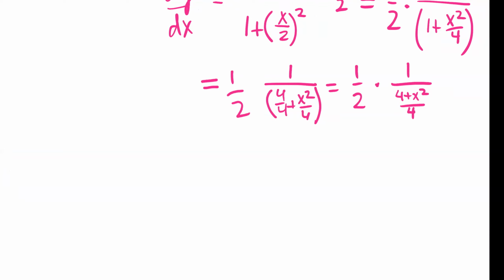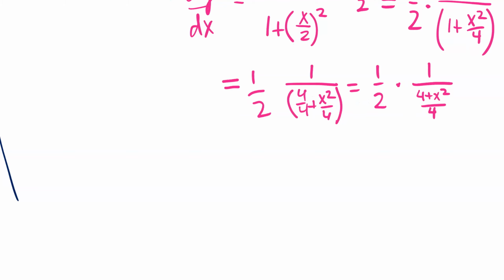Guys, we gotta simplify this. Let's finish the lesson. Okay, so I'm gonna rewrite this as 1/2. So times, if I'm dividing by a fraction, it's the same as multiplying by the reciprocal.